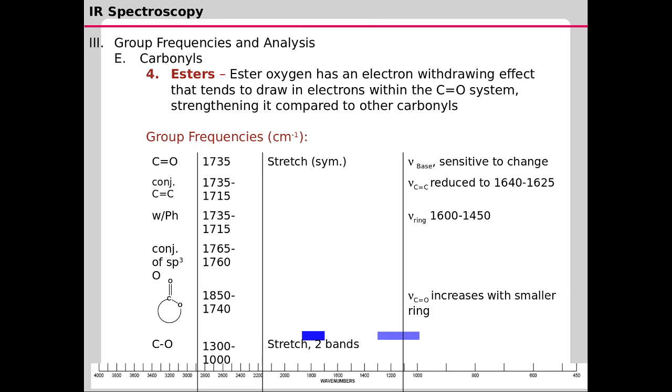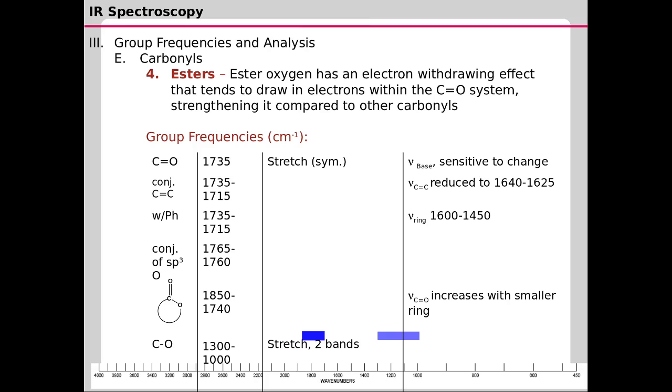And if you have an extra sp3 hybridized oxygen that is bound to the carbonyl carbon, then that results in an increase in the vibrational frequency to a further higher value, such as between 1760 and 1765 cm⁻¹.